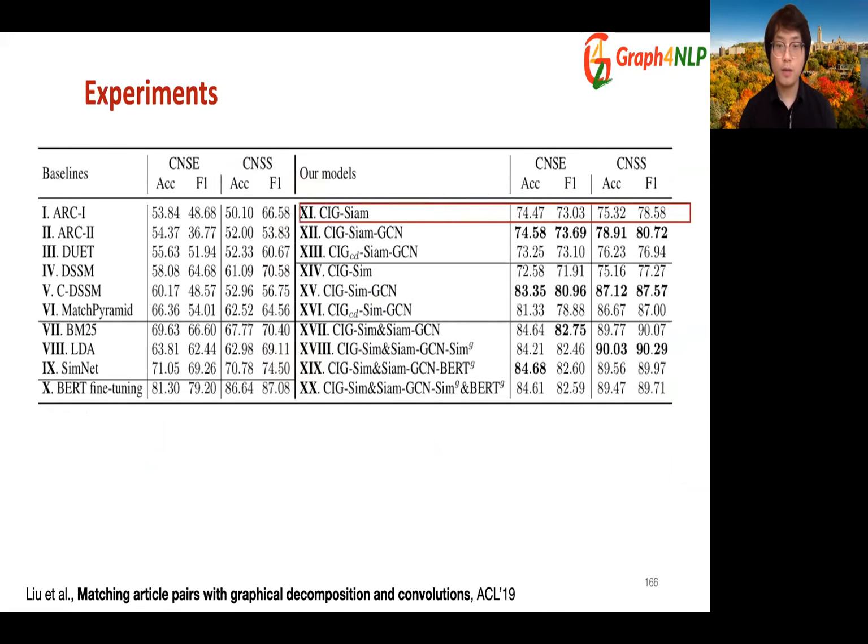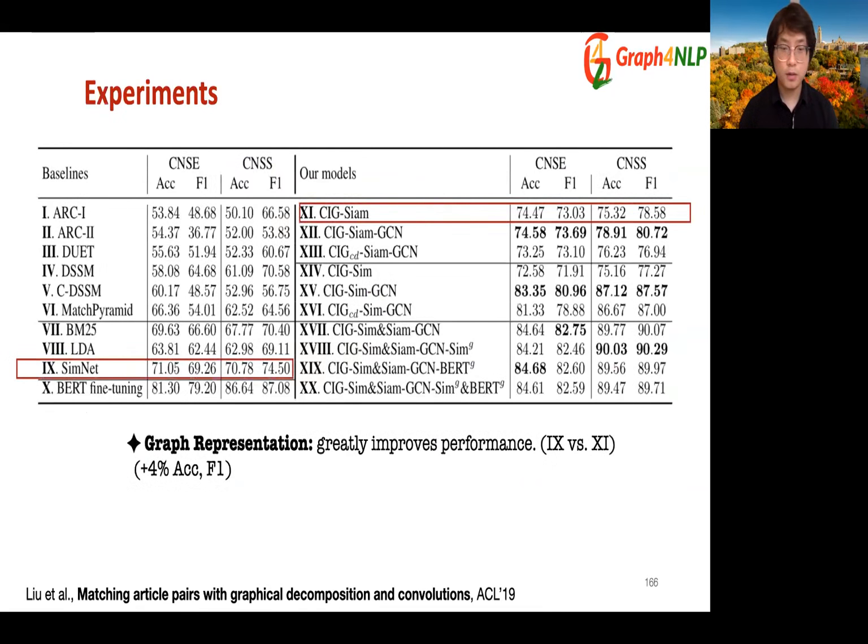Our experiment shows that the graph representation can greatly improve the performance. Compare method 9 and method 11. The only difference is that in the second algorithm, we decompose by graph representation, and we didn't use the graph convolutional network, but it already improves the performance.